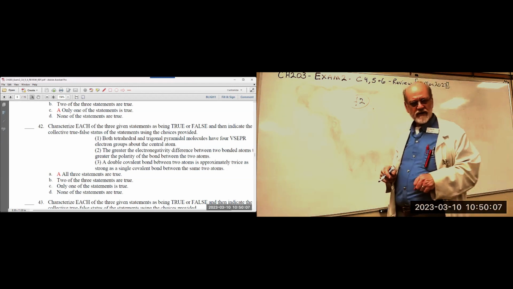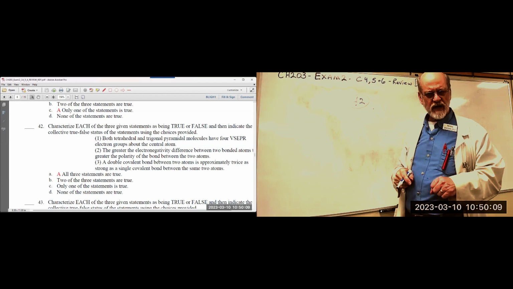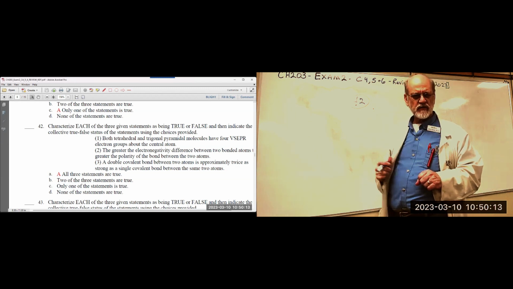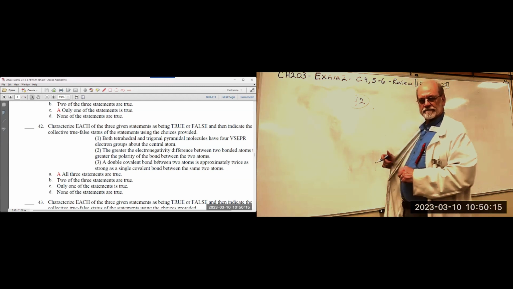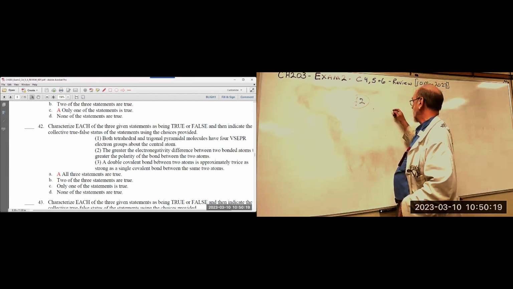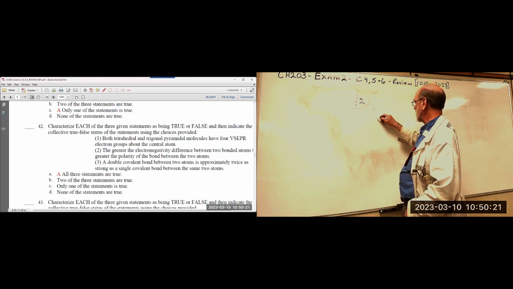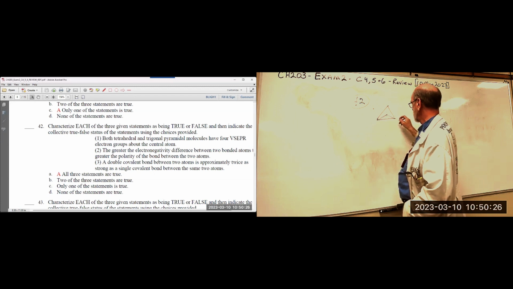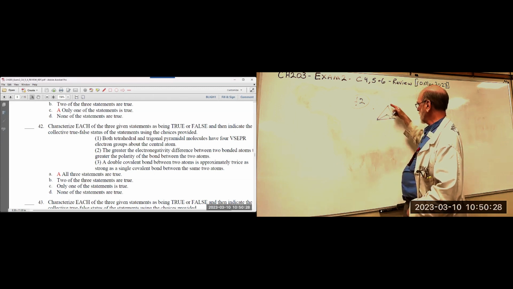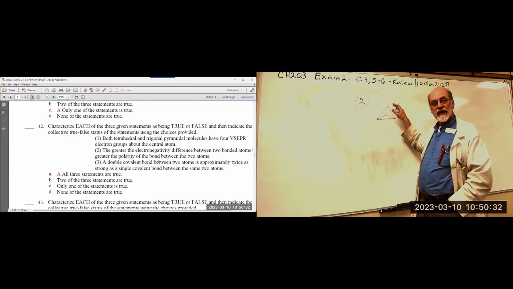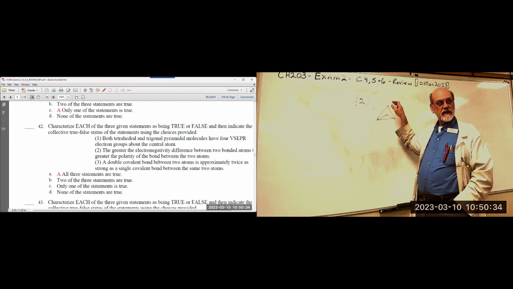Both tetrahedral and trigonal pyramidal molecules have 4 VSEPR electron groups about the central atom. So if it's a tetrahedral molecule, we have a form like this, right? Something there, and there. If they're each occupied by an atom, it's a tetrahedral molecular structure.